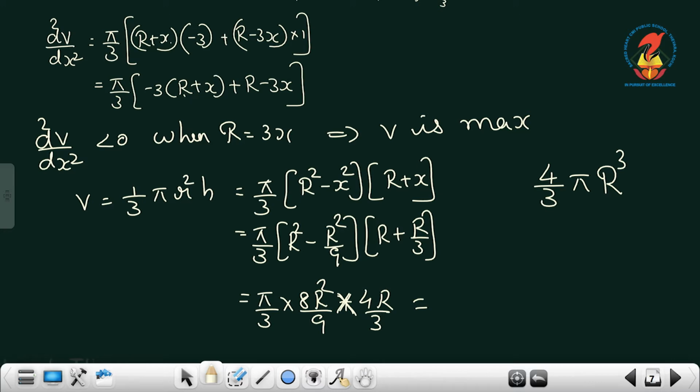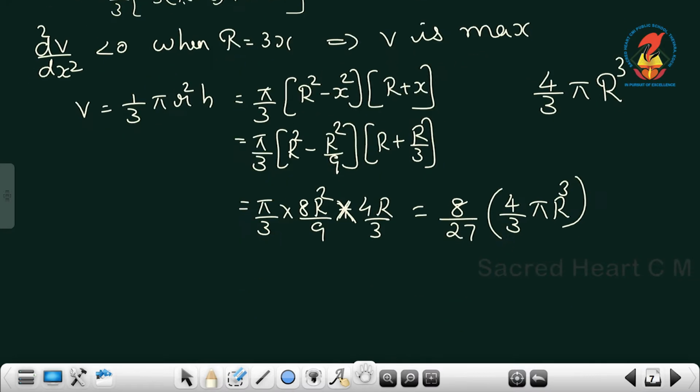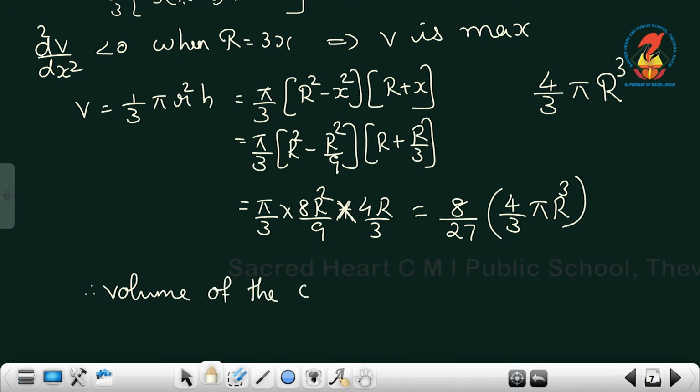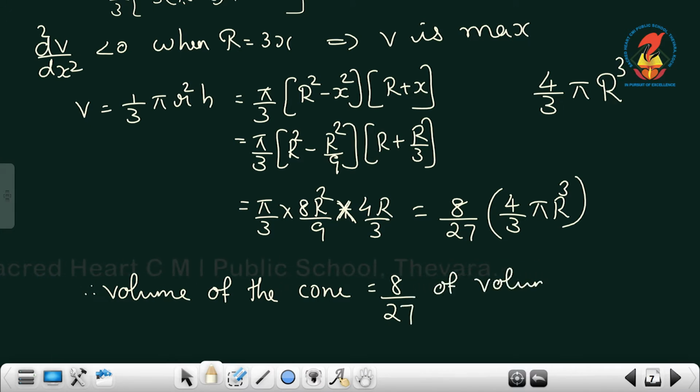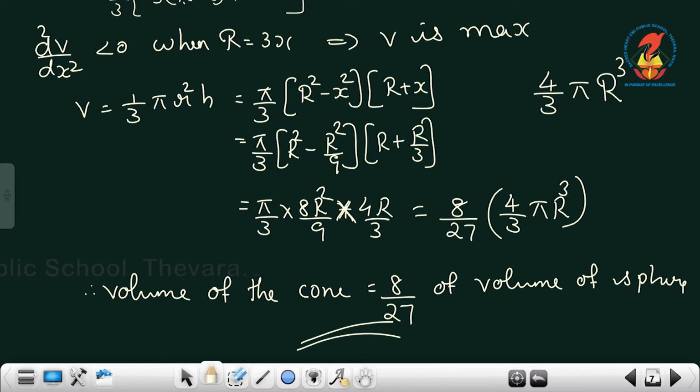So I can write 8 by 27 into 4 by 3 pi r cube, isn't it? Check it. So we can conclude, therefore, volume of the cone is 8 by 27 of volume of sphere. So we have proved. Okay.